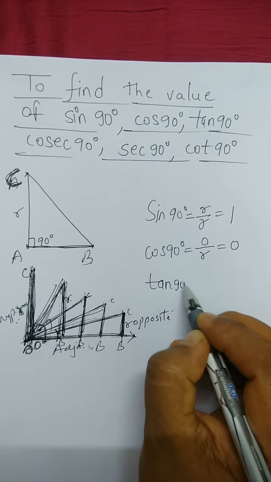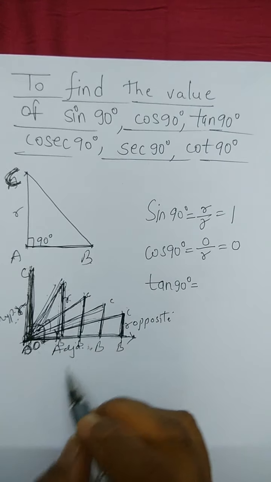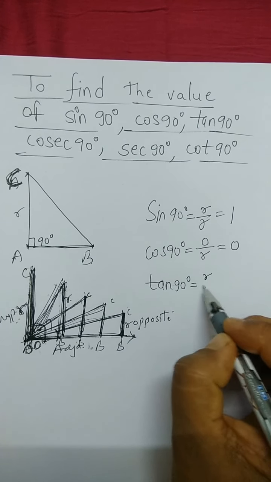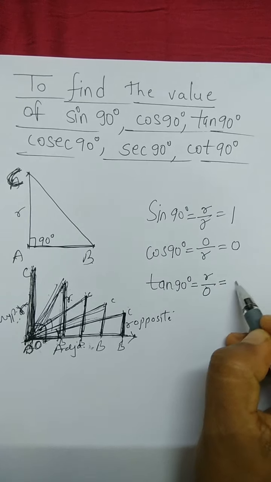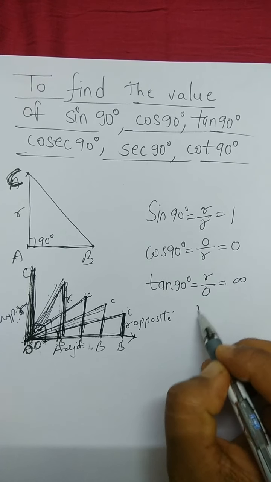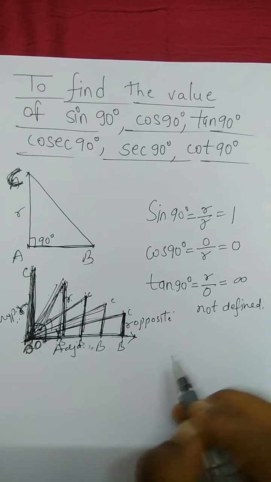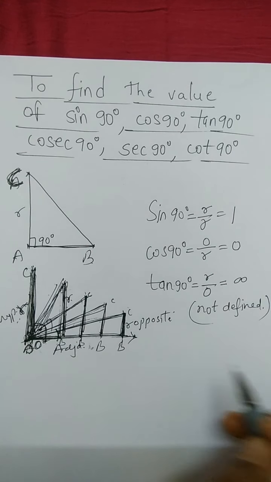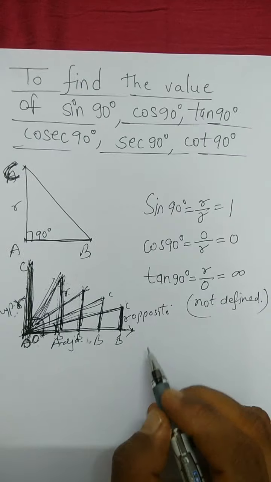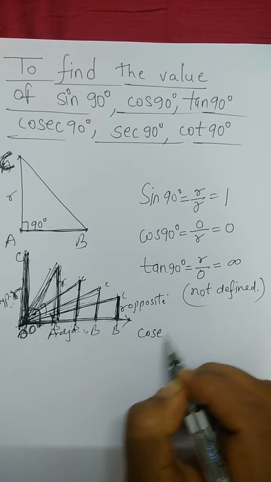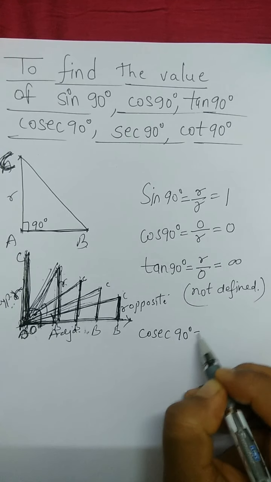Tan 90 degree is opposite upon adjacent. Opposite is R, adjacent is 0. So it is undefined, not defined. Okay. So tan 90 degree is not defined. Now their multiplicative inverse is cosec 90 degree.